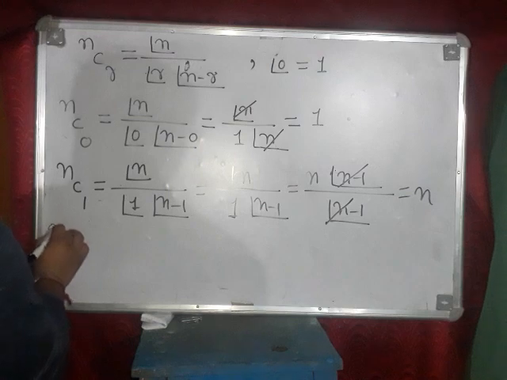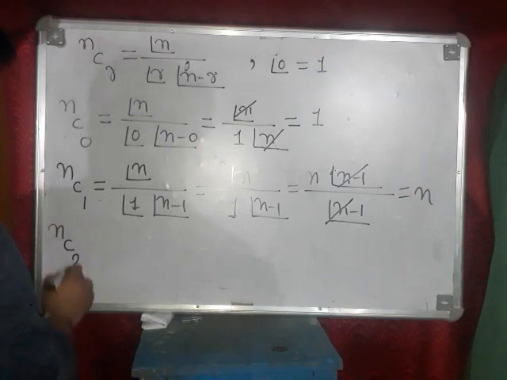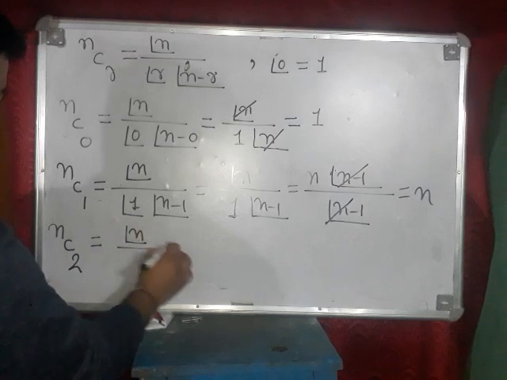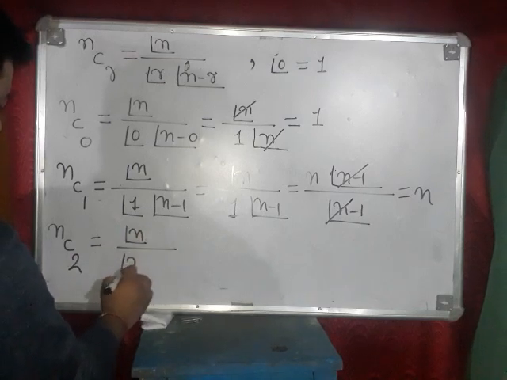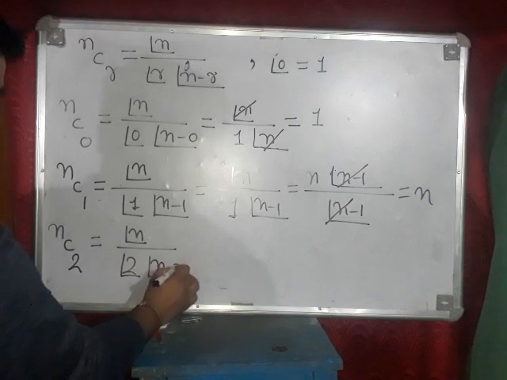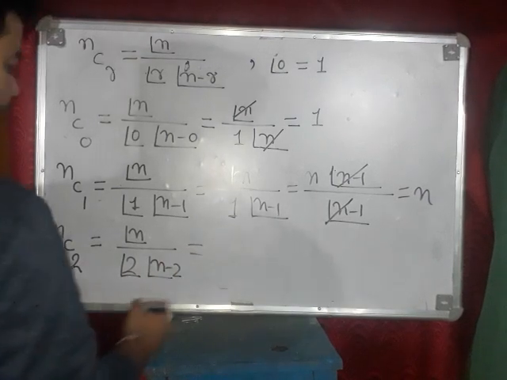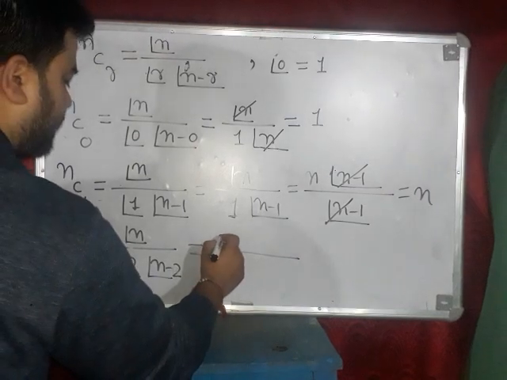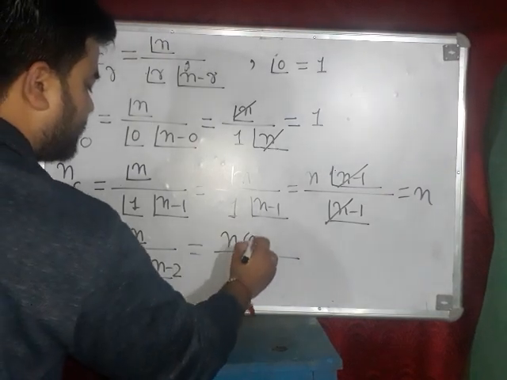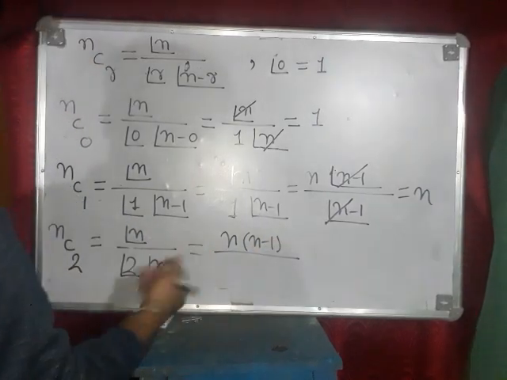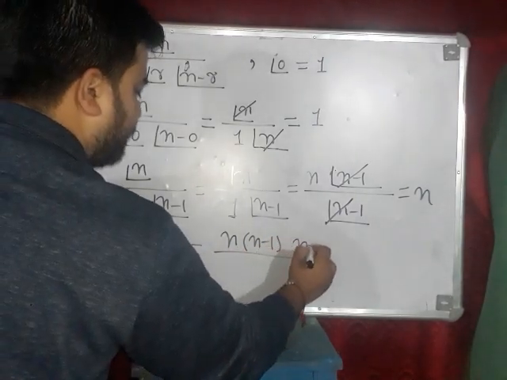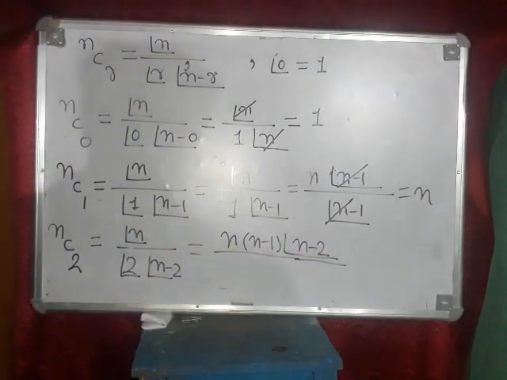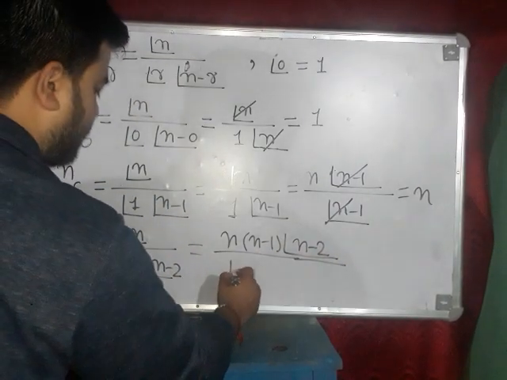Likewise, if we want to solve nC2, the formula is factorial n upon factorial 2 into factorial n minus 2. I am opening it: factorial n starts from n, one less n minus 1, one less n minus 2, and I am breaking here, so factorial n minus 2.